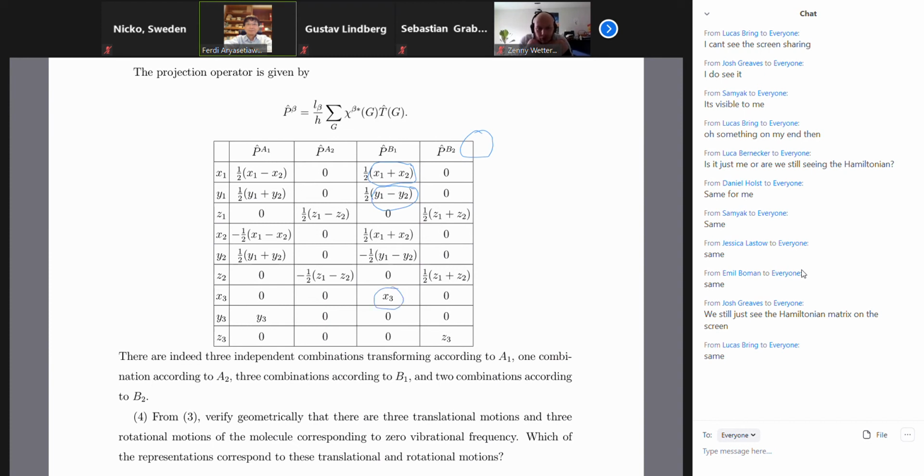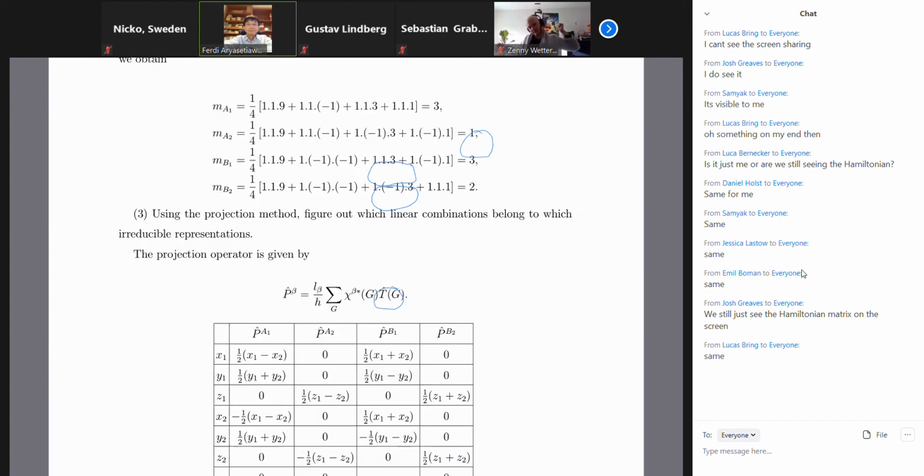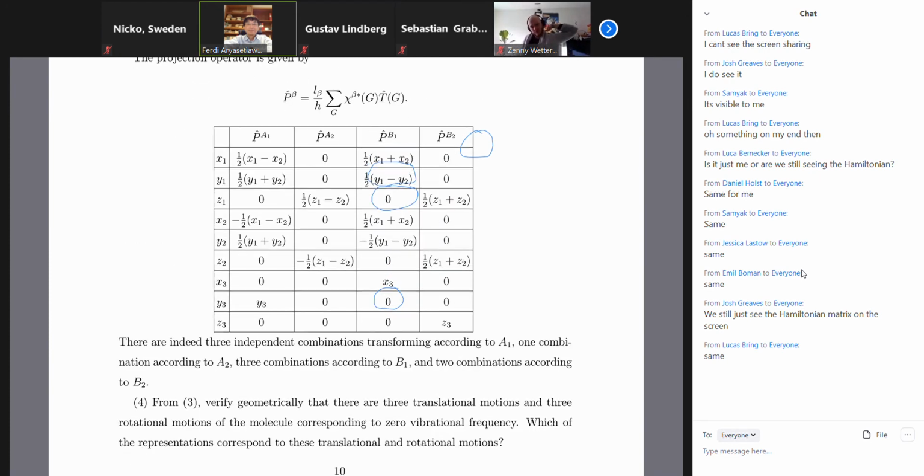So these are the three independent functions or linear combinations that transform according to representation B1. And for B2, there should be 2. Yes, there are 2. So for B2 we have 2. This one and that one. I'm guessing it doesn't matter which.